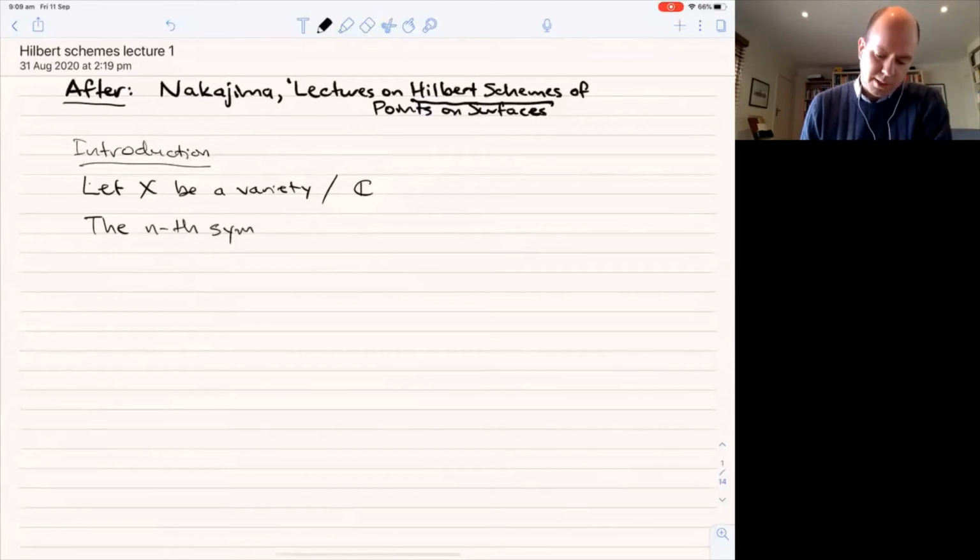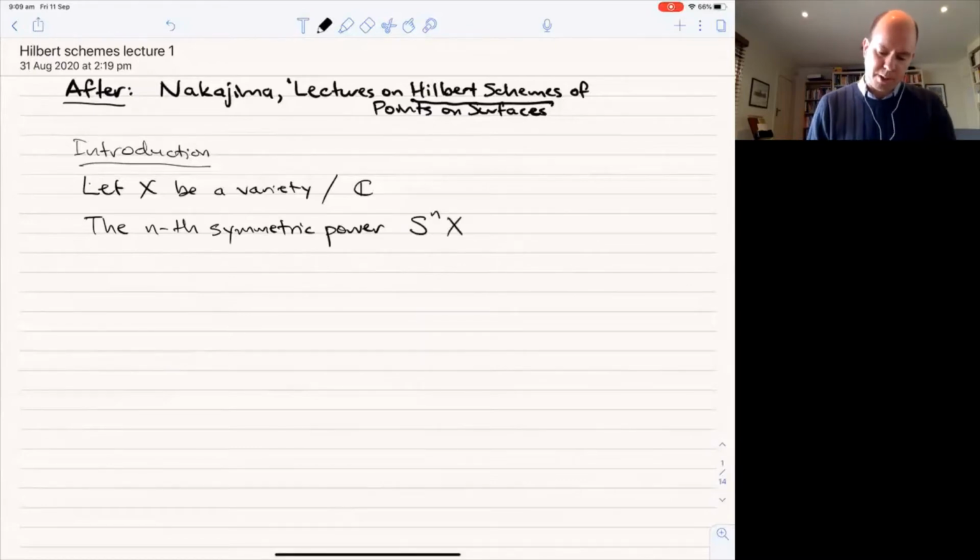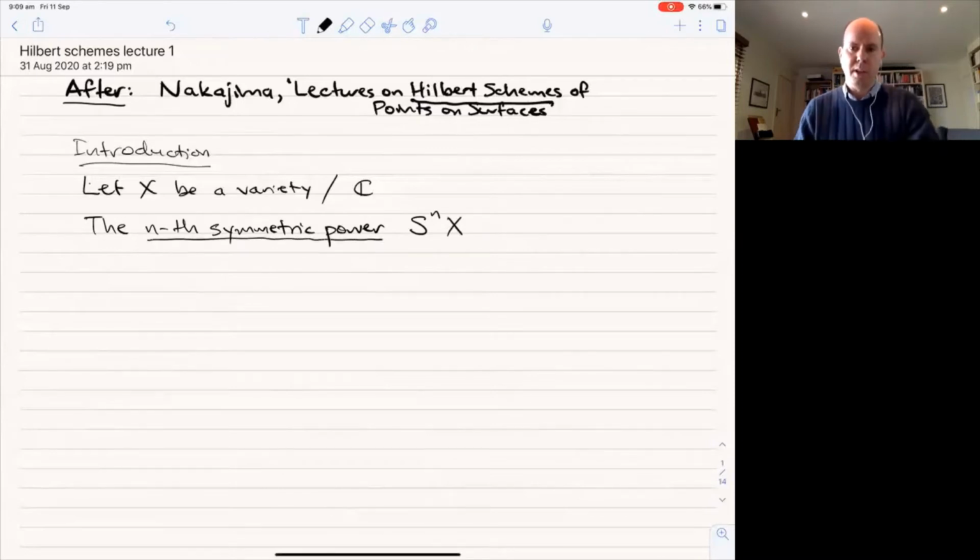So the nth symmetric power of X, which Nakajima writes as S^n X, which I'm not crazy about because that's the same notation as for the symmetric power of a vector space in multilinear algebra. Anyway, I would rather there was some distinction, but we had better follow his notation, because we should probably stick as close to the notation in the book as possible.